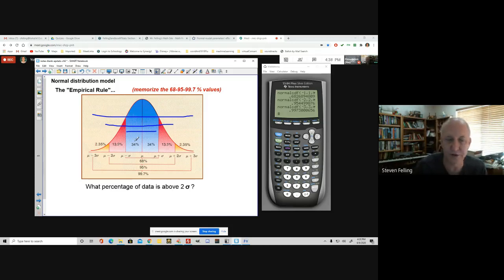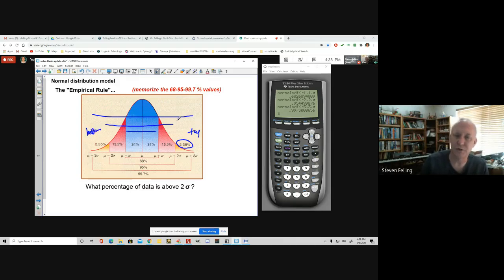So we can ask what percentage of the data would be above 2 standard deviations, for example. Well, if you looked at all the percentages here, that would be 2.35%. That means that if you're more than 2 standard deviations away in either direction, you're in the top or bottom 2.5% basically, right? So that's definitely unusual.